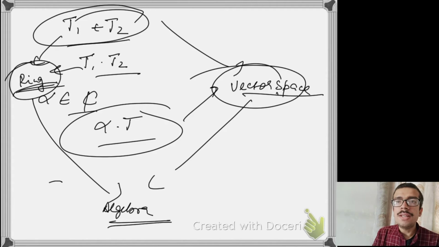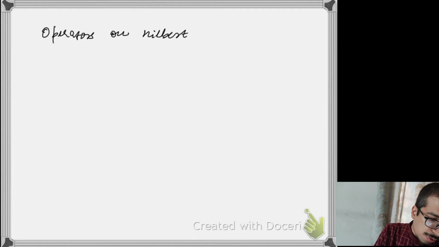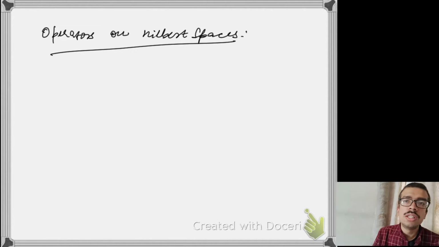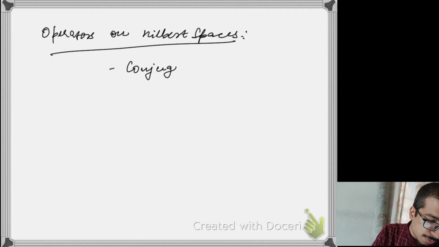But our operators are not just operators over any vector space. These are operators over Hilbert spaces. So operators over Hilbert spaces, in addition to having a multiplication, addition and a scalar multiplication, also have a notion of conjugation and norm.